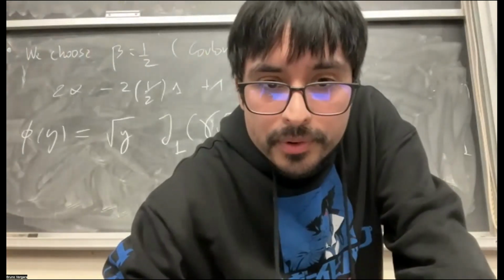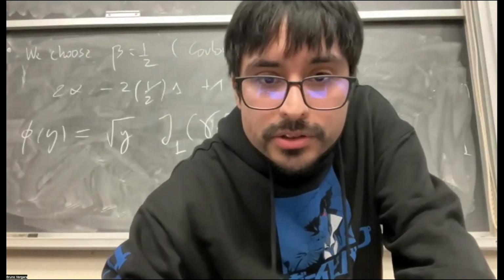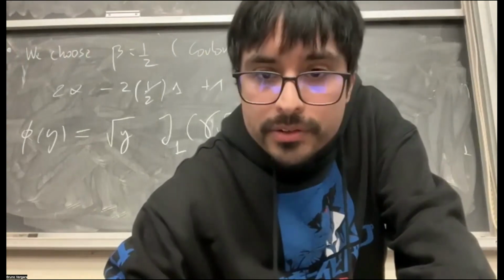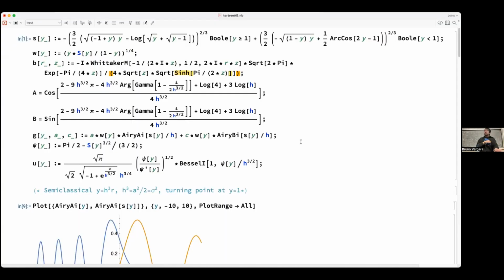If you allow me, I will just share my Mathematica. I'm going to speak over it, but the idea is to show you a little bit. I think I'm sharing the right screen. All right, so here I have implemented the function y that I said before.